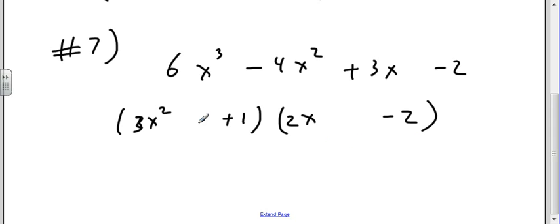No, that doesn't do it. I have 6x squared, I have minus 6x, I have 6x cubed minus 6x squared, which is wrong, plus that. Okay, so the 3's got to go there, the 2's got to go here. All right, now I've got 6x cubed minus 4x squared, plus that, and okay, now I'm right.